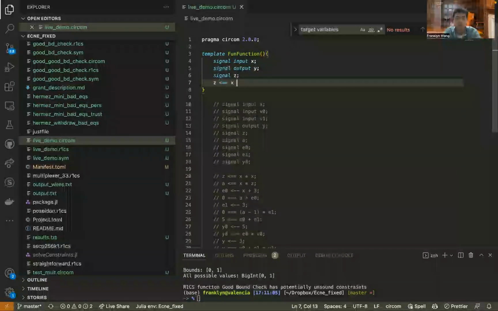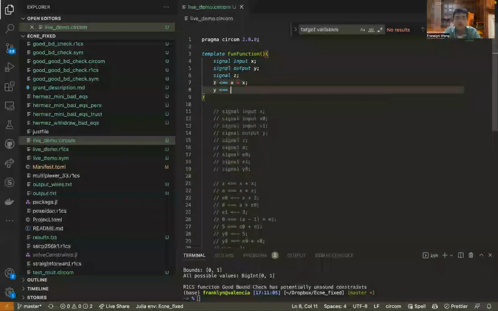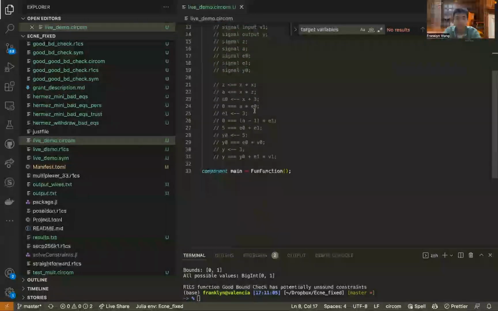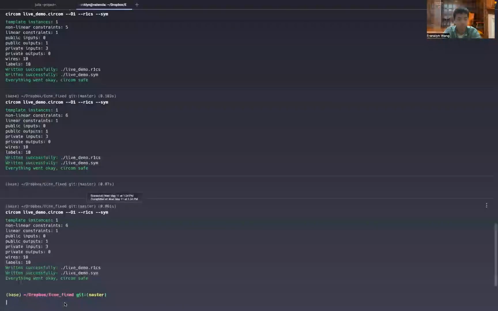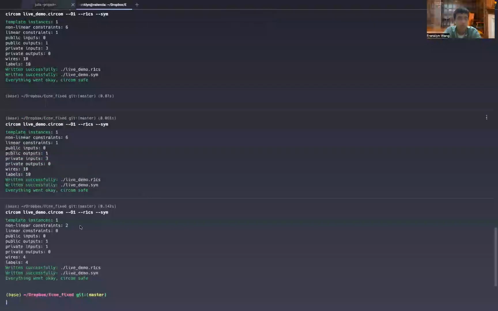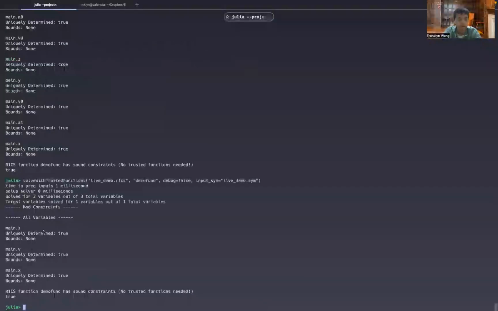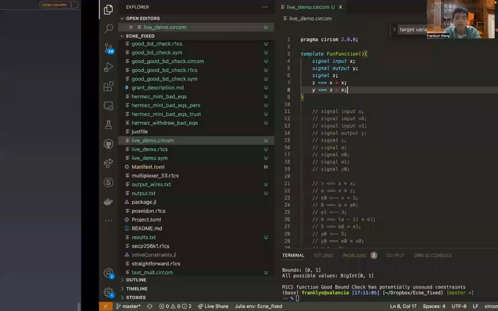This is saying that z is equal to x times x, and this is saying that y is equal to z times x. We can run the compile, which looks like this, all good. Then we can run Ecne. Ecne will show that z is uniquely determined, y is uniquely determined, and x is uniquely determined, so all good. Okay, now let's try to mess something up.